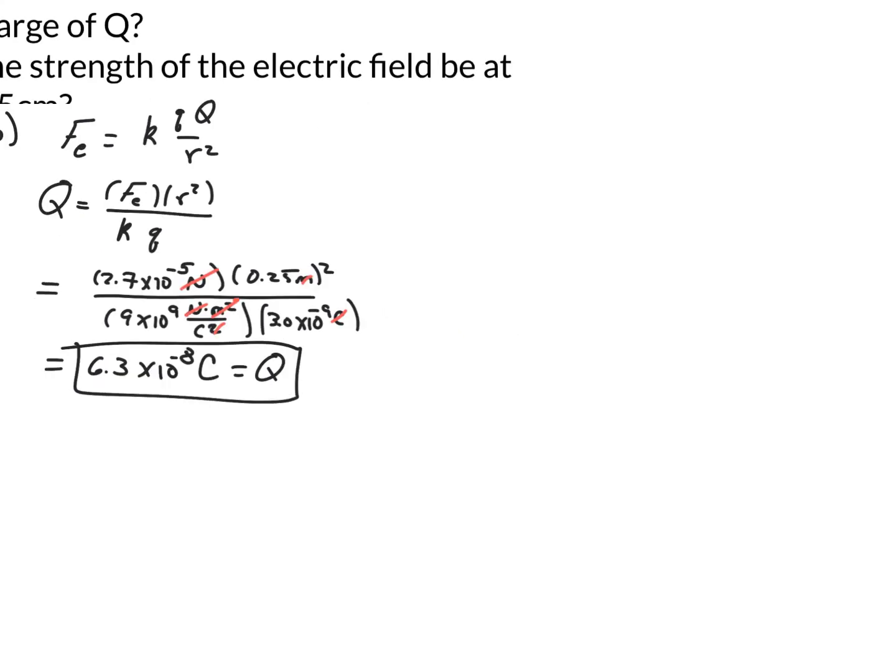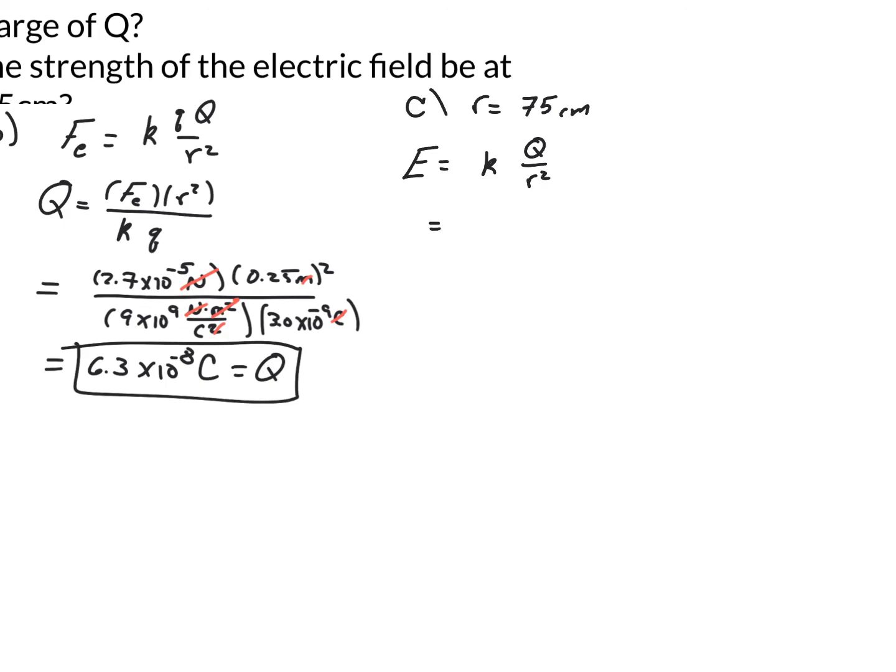Now to solve part C, where the distance is now 75 centimeters away. We know that the electric field is equal to Coulomb's constant times the charge that's creating it divided by r squared.